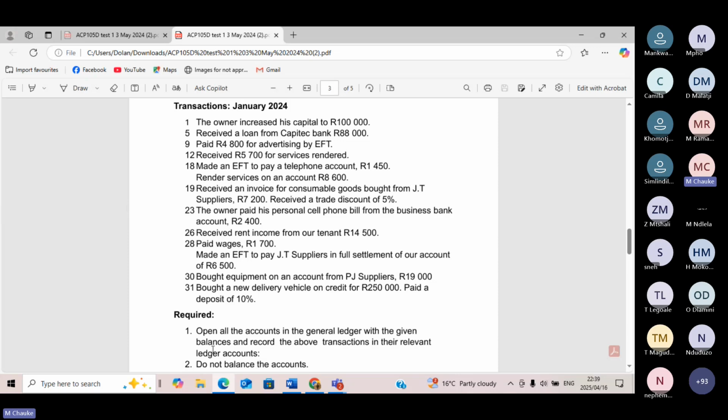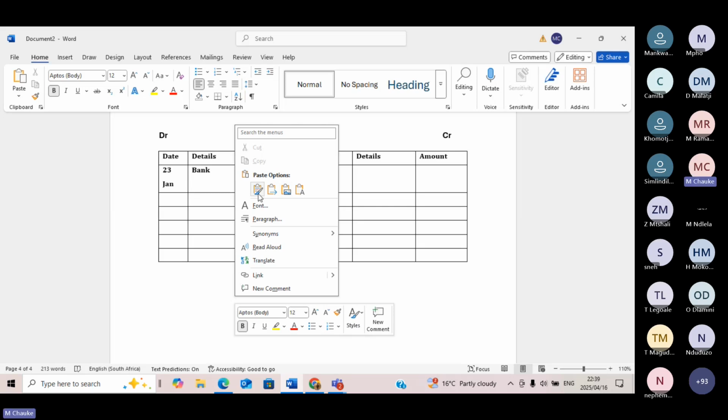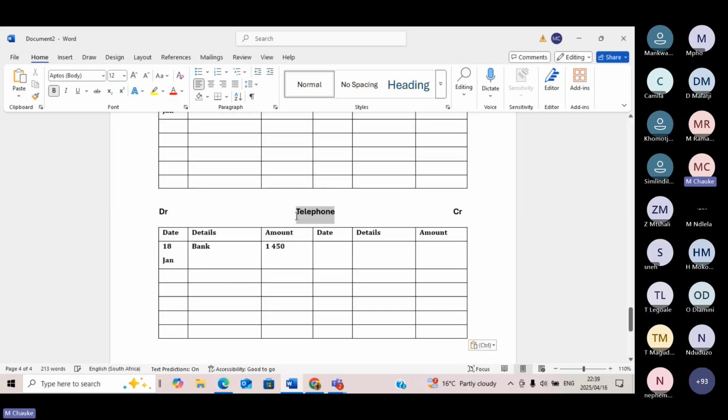Bank is already there on our answer sheet, right? We are just going to prepare a rent income account, or rent income ledger account.